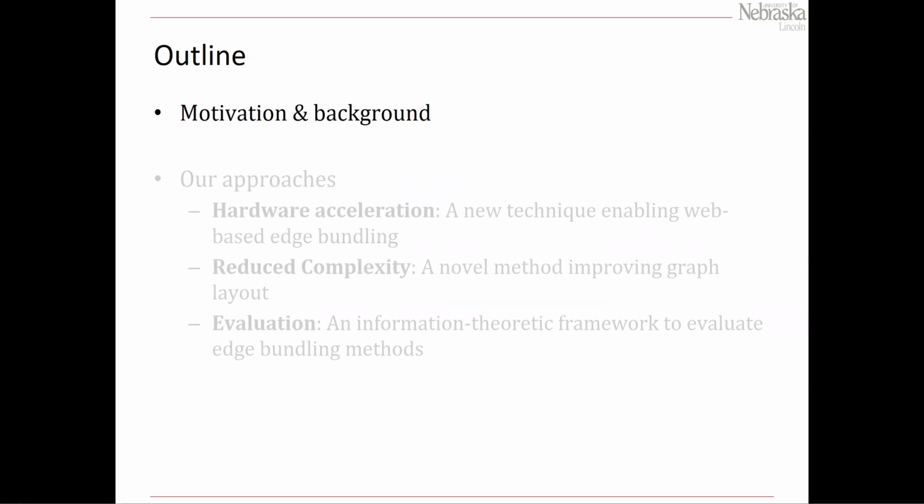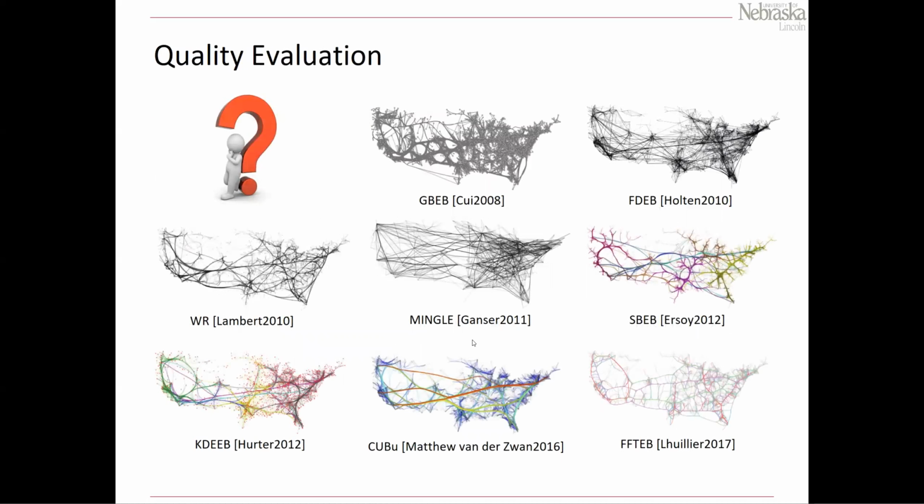So I introduced two methods, using hardware acceleration and reducing complexity, to accelerate edge bundling algorithms. But when I showed you the previous slides, you already saw the different visualization results from different edge bundling algorithms. Visually, they can all generate appealing results.